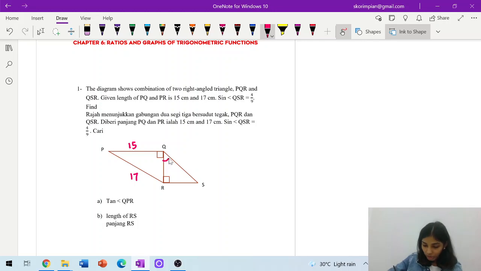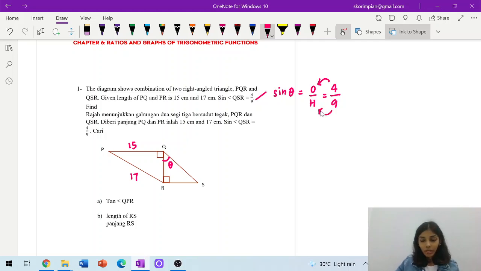So sin theta here, your formula for sin theta is O/H, and here is given 4/9. So 4 is referring to opposite, bertentangan, H ialah hypotenuse. So here your opposite will be 4 and your hypotenuse will be 9, based on the smaller triangle.